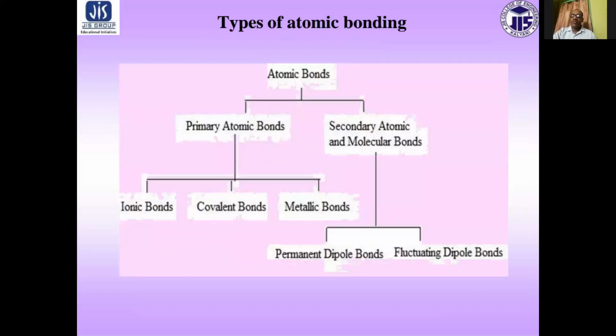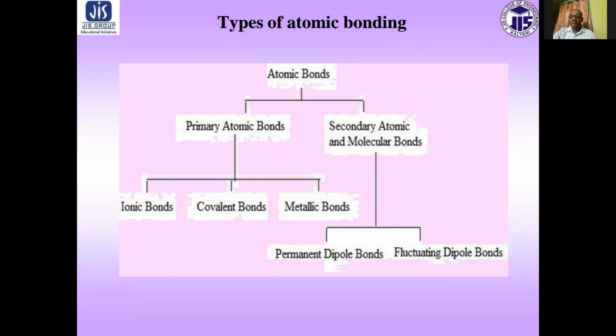Now the types of atomic bonding are primarily divided, as we know, into two categories. One is primary atomic bonding and number two is secondary atomic and molecular bonds.